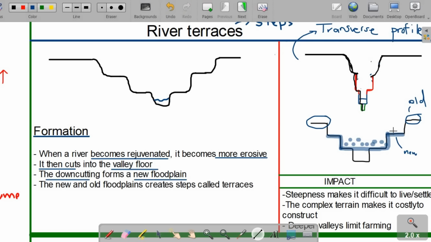As I've illustrated, this flat plane was your riverbed for the old flat plane, but now due to river rejuvenation, you have a new flat plane, and so on. More river rejuvenation results in more cutting, and hence development of a new flat plane again. Now the new and old floodplains create steps which are called terraces, and that's how you describe how it forms.